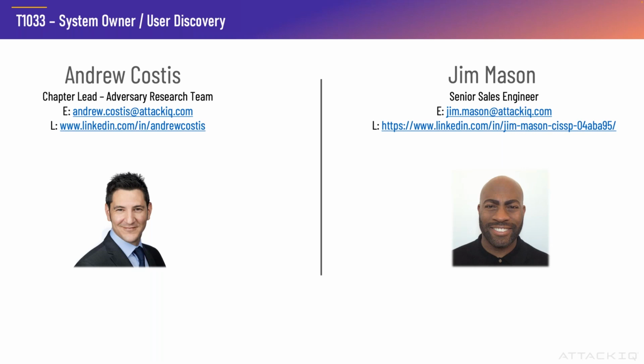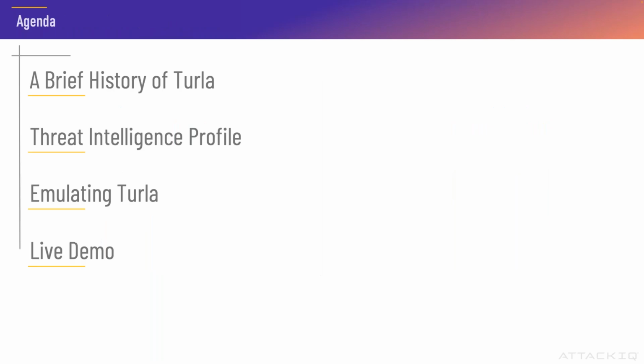Thanks, Jim. Alrighty. Before we dive in, a quick rundown of the agenda and what's in store for you today. We'll start off by covering some brief history and background regarding Turla, and then move into their threat intelligence profile, including some of their common tradecraft, aliases, and so on. I'll then talk about the Turla specific attack graph.